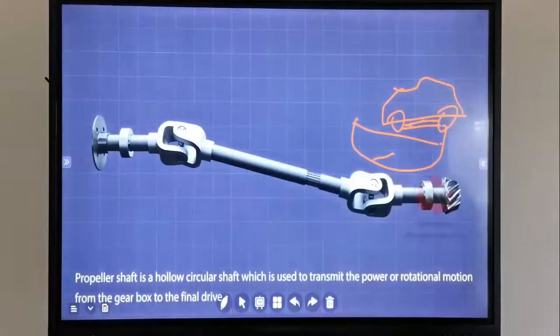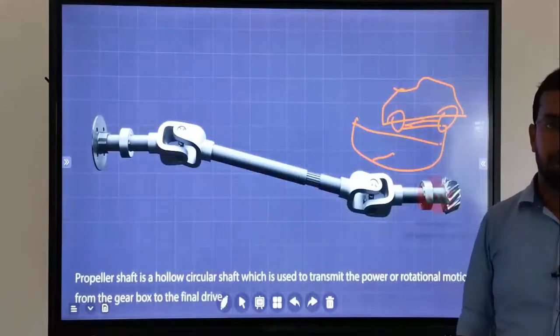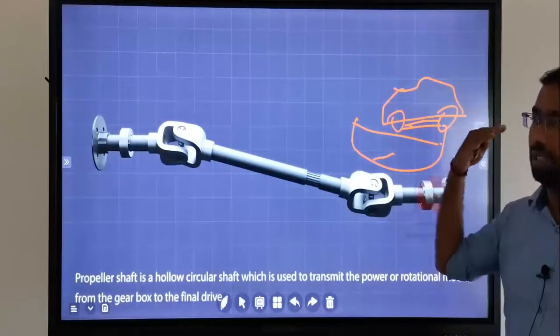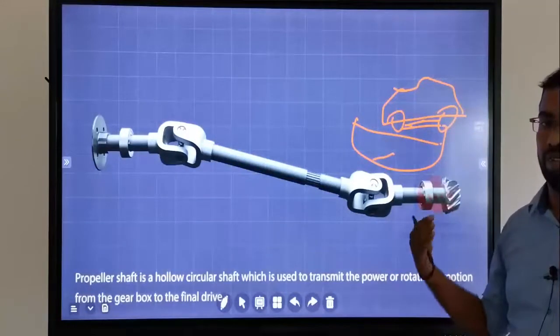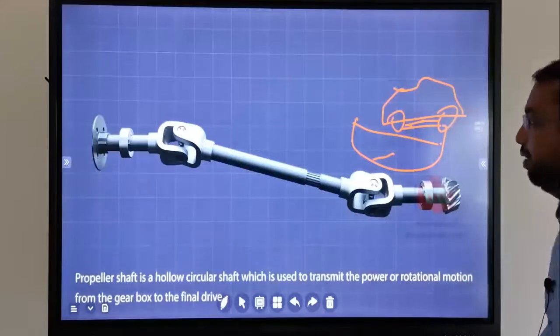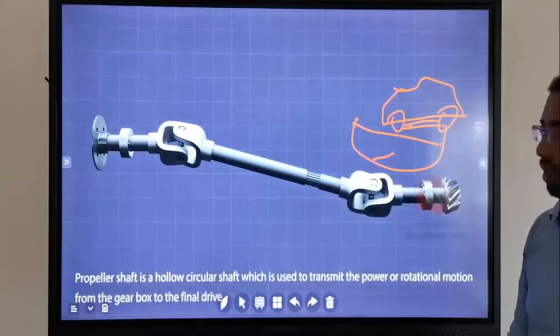But the major reason is, when a vehicle is running, whatever the road condition, sometimes rough road, the vehicle absorbs vibration. At that time we cannot maintain the propeller shaft as a single rigid piece.